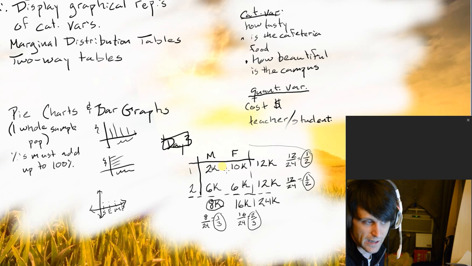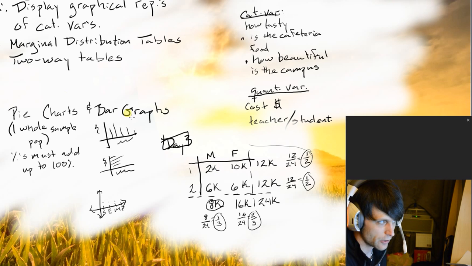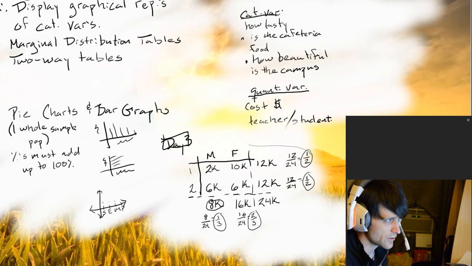You could also find out, of course, the proportion of each individual intersection of columns and rows, the proportions for those. This particular one right here, let me change colors really fast.